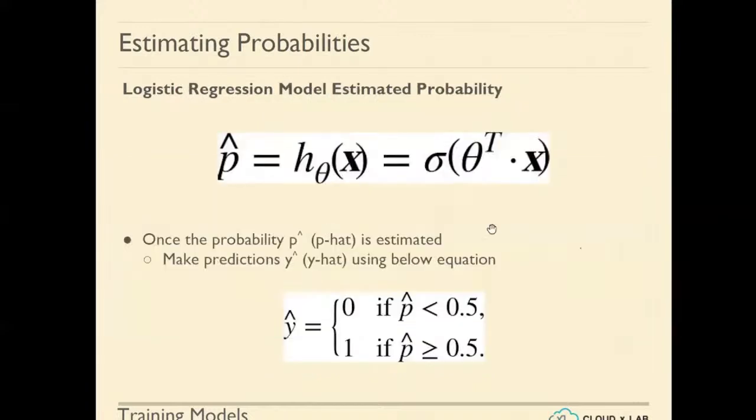So here in logistic regression, we will use this equation: P hat, or output, is equal to sigma in bracket theta transpose x, right? So in output, we will predict probabilities. Any doubt in these equations?